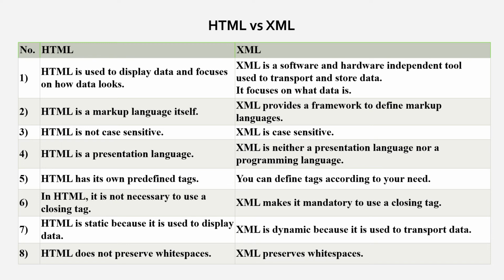It focuses on what data is. HTML is a markup language itself, whereas XML provides a framework to define markup languages.